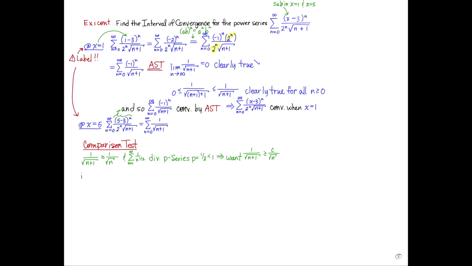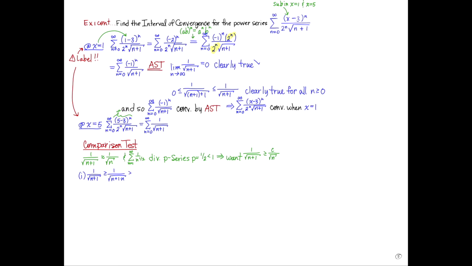For the first part of the comparison test, proving the inequality, we have 1 over the square root of n plus 1 greater than or equal to 1 over the square root of n plus n. Since n plus 1 is going to be less than or equal to n plus n, for all positive integer values of n, we know the reciprocals, 1 over the square root of n plus 1, will be greater than or equal to 1 over the square root of n plus n.